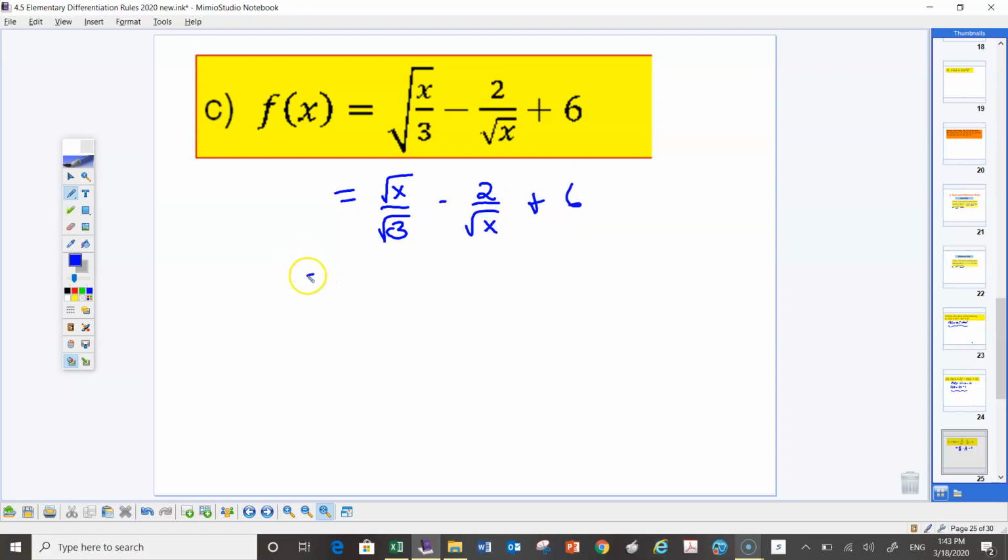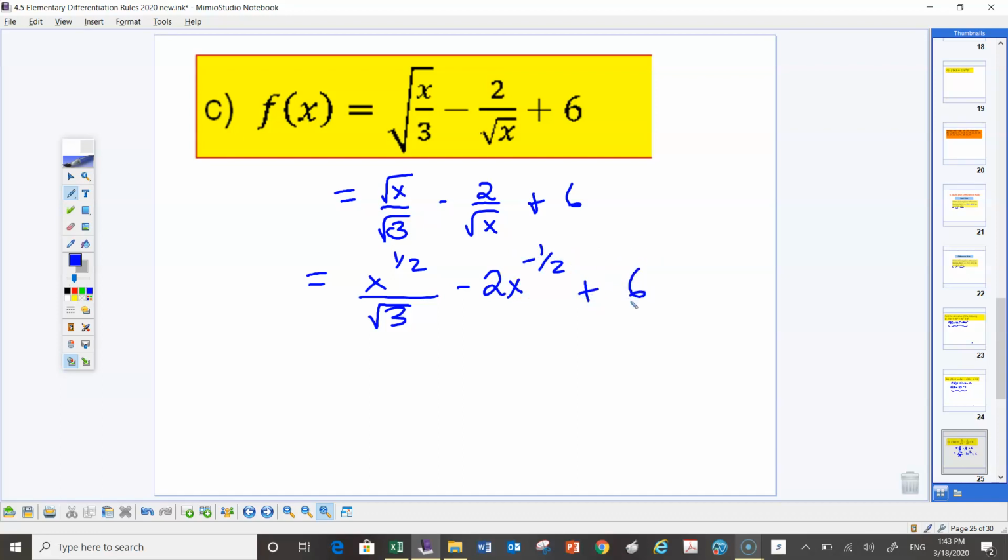Now I'm going to change all of my variables that have radicals to fractional exponents. So that becomes x to the 1/2 over the square root of 3 minus this bottom guy becomes x to the 1/2, but when I move it up to the top, it becomes exponent negative 1/2, and my constant 6 doesn't change.